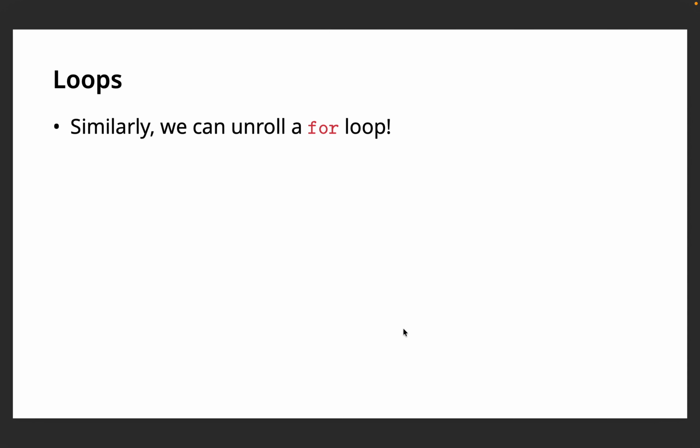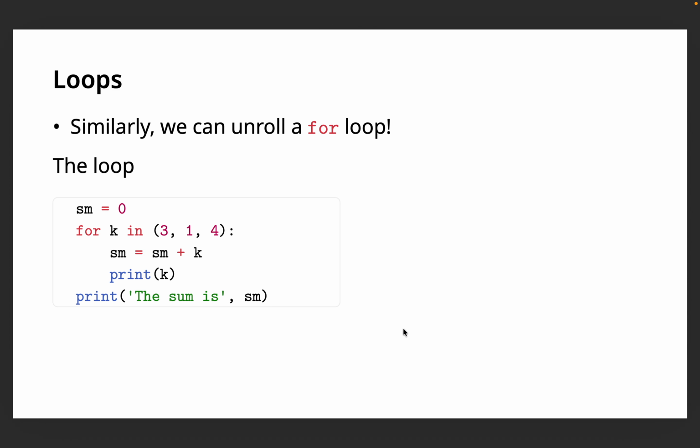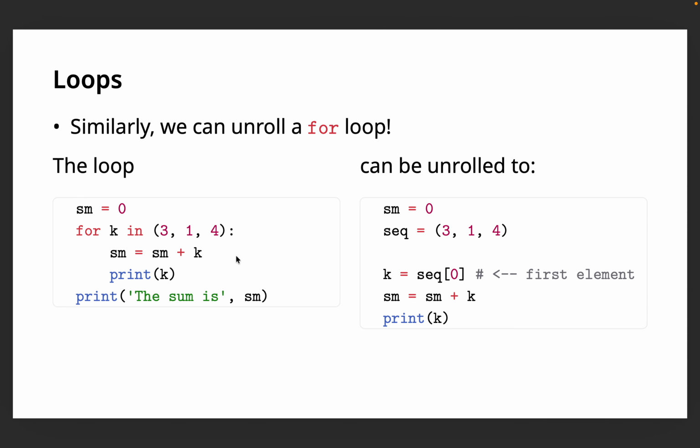So in Python, you can also unroll a for loop. So from this over here, you can unroll that to something like this. So you're going to start with your variable as well as the sequence. This k will start as the first element of that sequence. Then this is just your loop body over here.